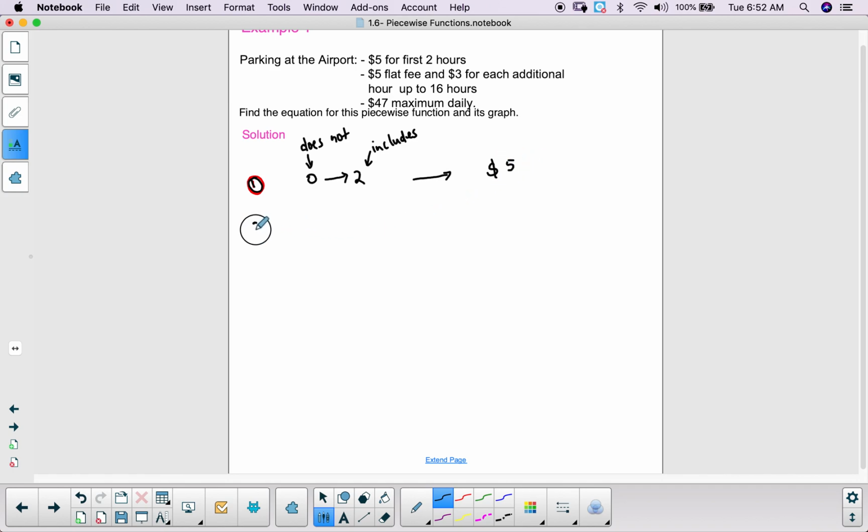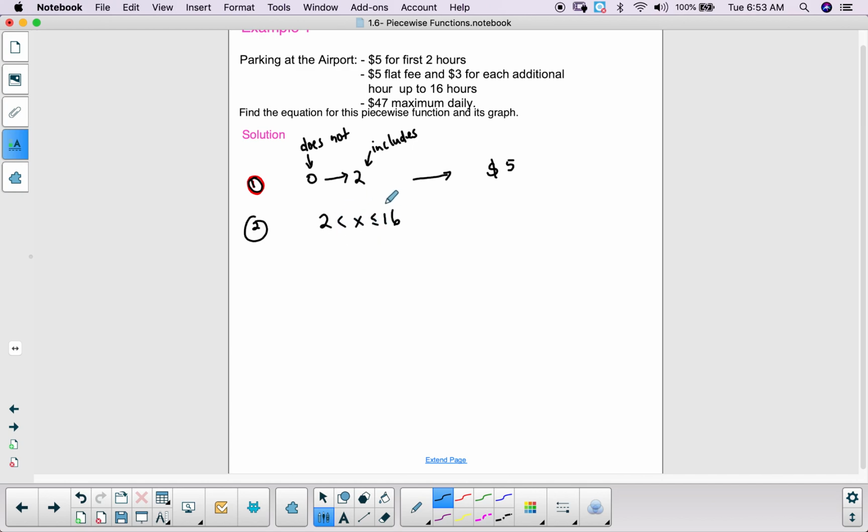And for the second part, which is between 2 hours and up to 16 hours, because it includes 2 up there, here your x, which is the number of hours, is going to be greater than 2 but less than or equal to 16.